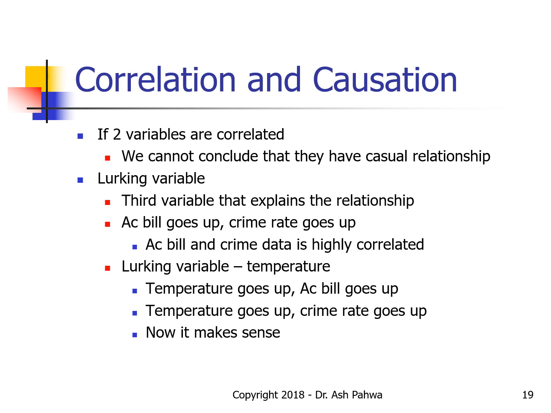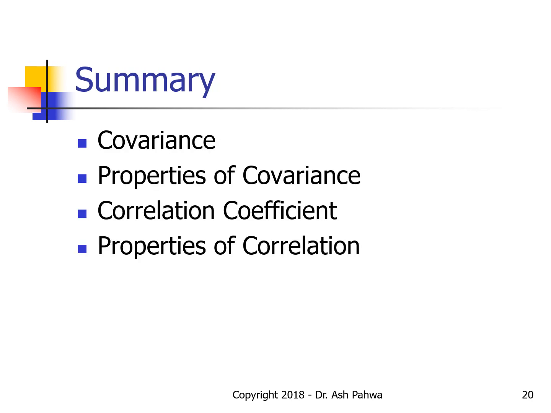So temperature is a lurking or invisible variable here. Though we can find correlation between two variables, it does not necessarily mean that there is causation between these variables. So that is the end of lesson 4.